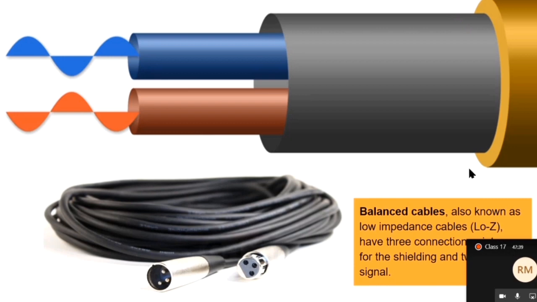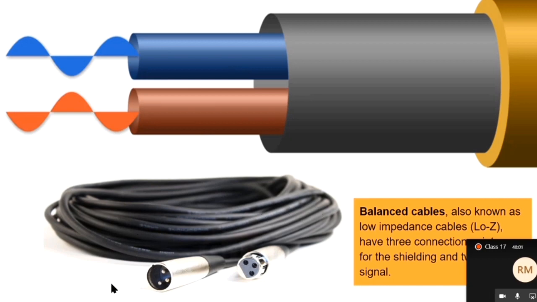So balanced cables, unlike the unbalanced cables, have three connection points. So here's a microphone cable. It's the quintessential, the basic, most essential example of the type, and the type is balanced cable.